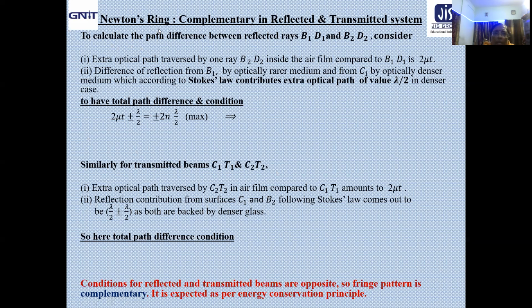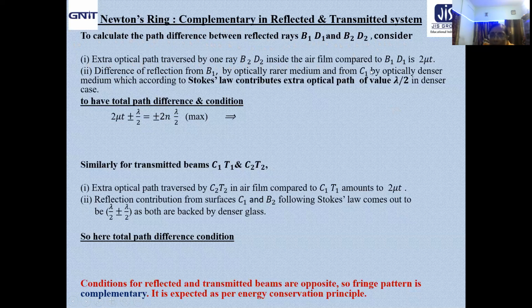Now, Newton's ring is formed in both reflected and transmitted systems, and we will find a special property in the form of complementarity. Now how to get it? To calculate the path difference between the reflected rays B1 D1 and B2 D2, as I already mentioned, consider the extra optical path traversed by B2 D2 inside the air film compared to B1 D1.